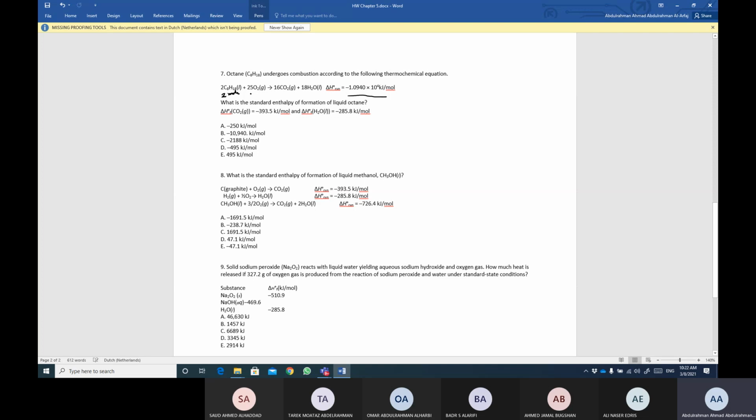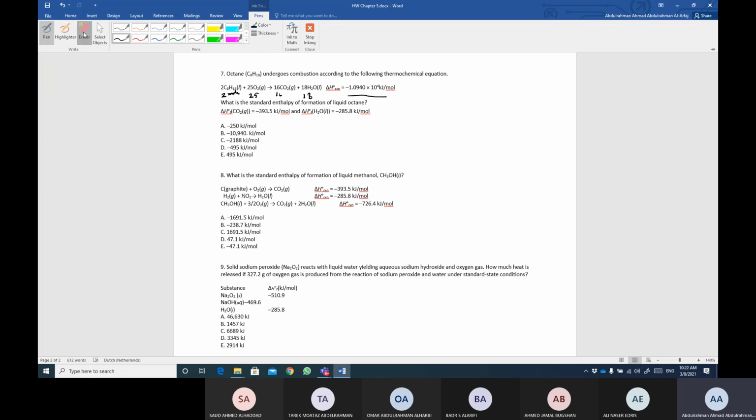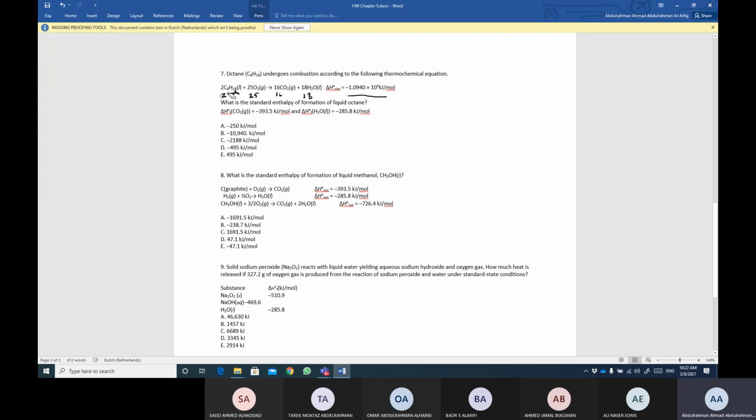This one with 25 moles to make 16 moles and 18 moles, with this heat. What is the standard enthalpy of formation of octane? So I'll take this away now.